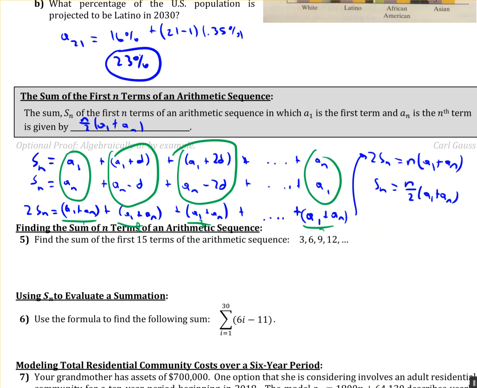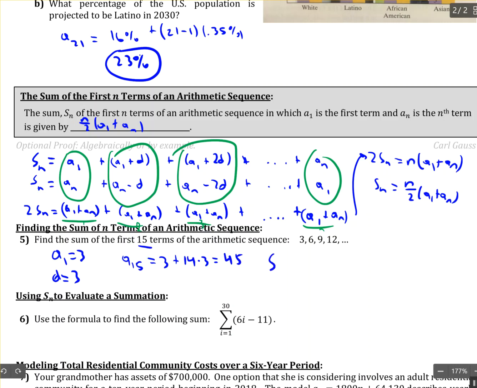All right, so find the sum of the first 15 terms of the arithmetic sequence. So notice again on this one, A1 is equal to 3. D is also equal to 3. So we want to know A15 because we're looking at the 15th term. So A15 equals 3 plus 14 times 3, equals 45.